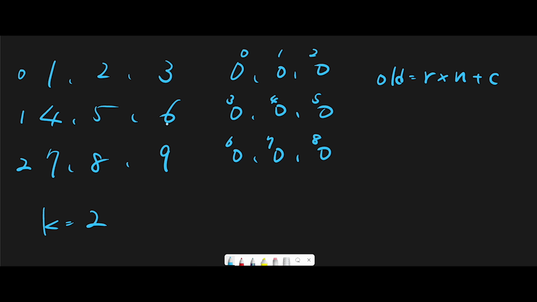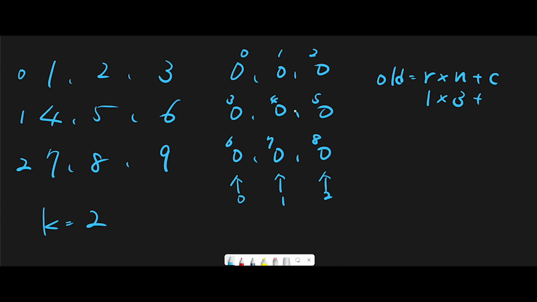The row is 1, so 1 multiply n, where n is the number of elements in one row, which is 3. And then plus the column, which is 0, 1, 2.